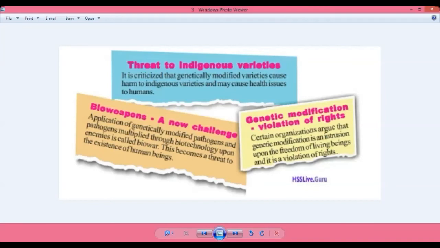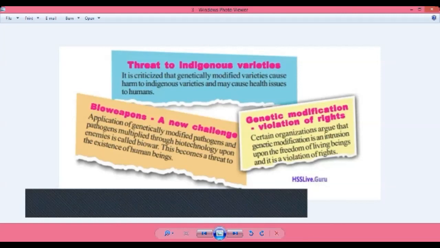So some people criticize genetic engineering like this. That means it's a violation of rights. Is it clear for you? These are the points about the misuse of genetic engineering. I think it's clear for you.